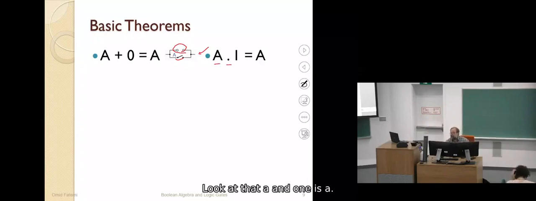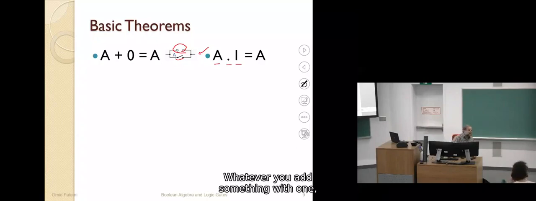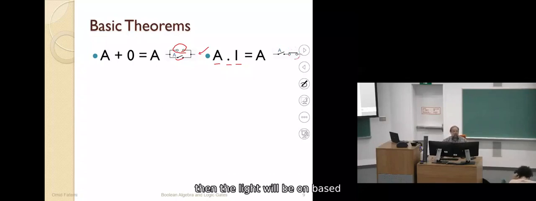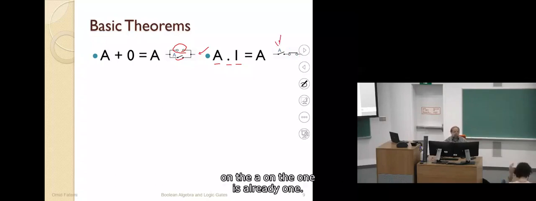A and 1 is A. Whatever you AND with 1, the result would be the same as the input. And the circuit would be like that. When you have a circuit which is closed, then the light will be on based on A only. 1 is already closed. So A and 1 is A.